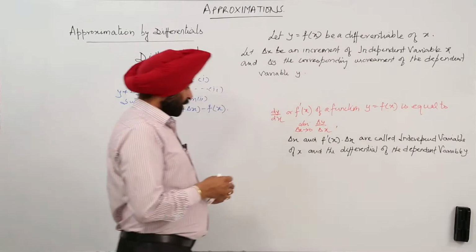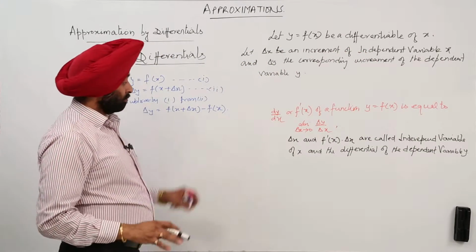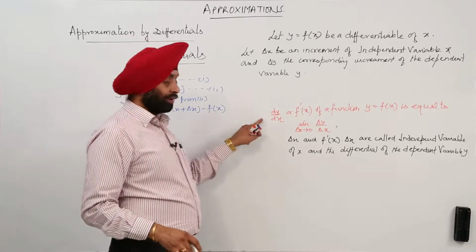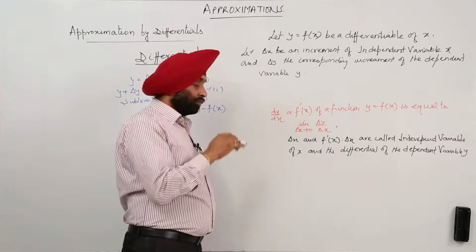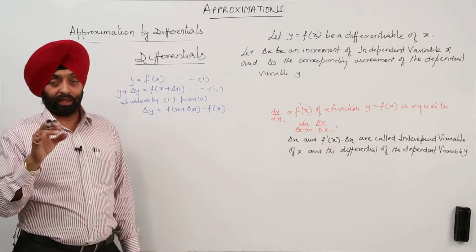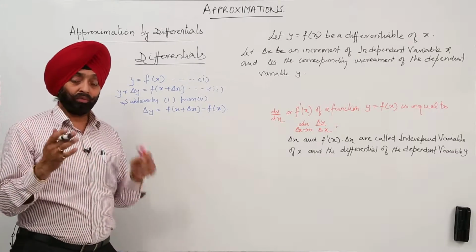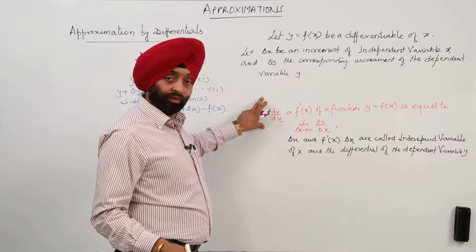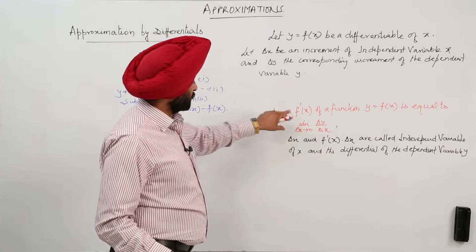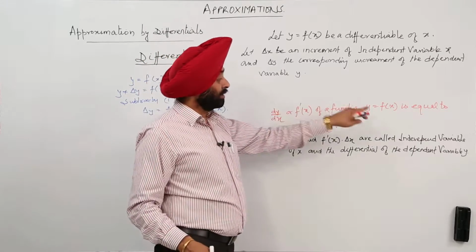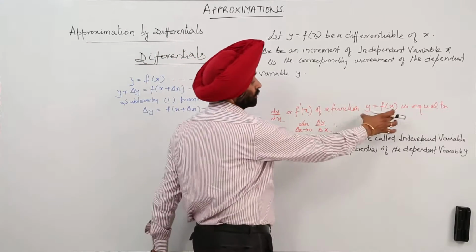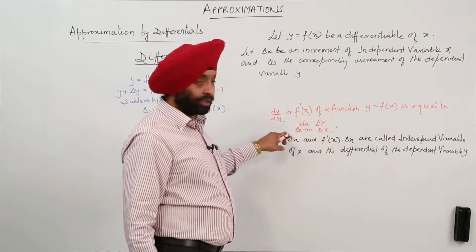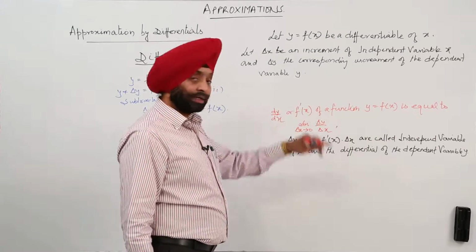Now once again, first dy by dx: when we have delta y upon delta x and delta x approaches 0, we say that we have done a differentiation. So dy by dx or f derivative x of the function y is equal to f(x) is the limit as delta x approaches 0 of delta y upon delta x.